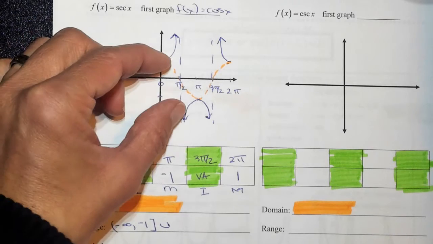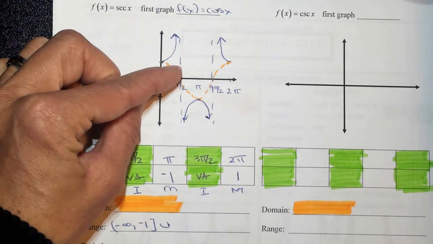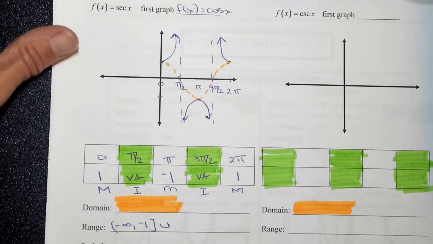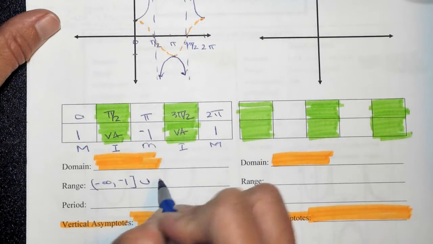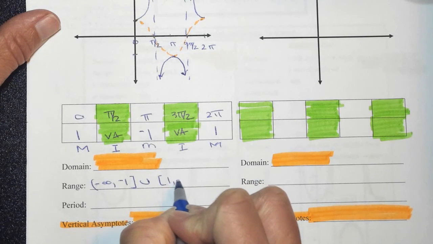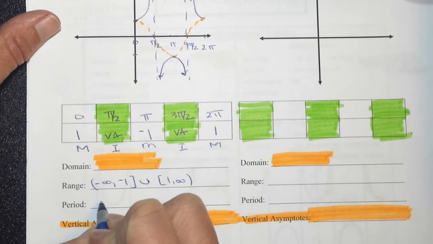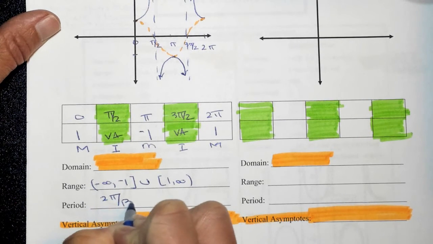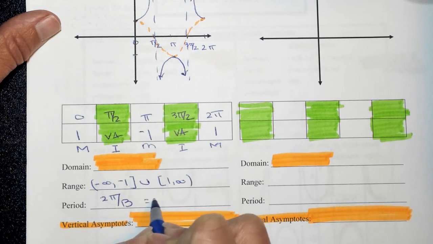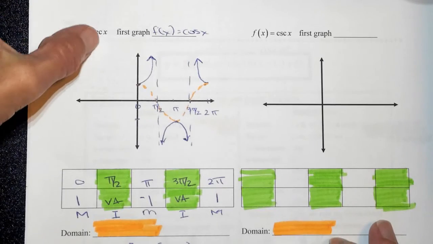We jump over this orange portion. This really doesn't exist. We used it to help us get our secant graph, and then we're going from 1 to infinity. The period of this function is still 2 pi divided by b, which in this case is going to be 2 pi because my b value is 1.